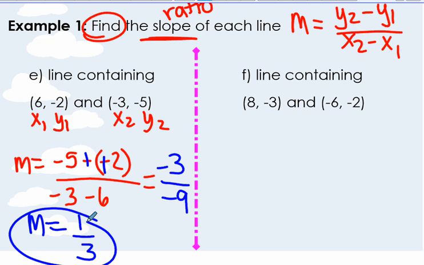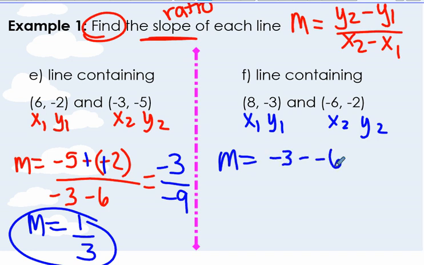I'm going to label my points over here for my second one. Again, x1, y1, x2, y2. Now I'm going to show you that I don't actually have to do y2 first. I can actually do y1 first, but I have to keep the order the same. So I can say -3 minus -2. Okay, I started with my y1. I need to start with my x1.